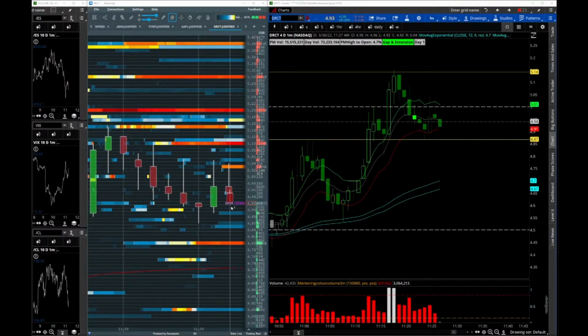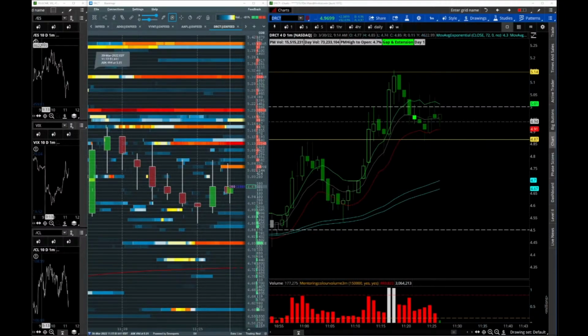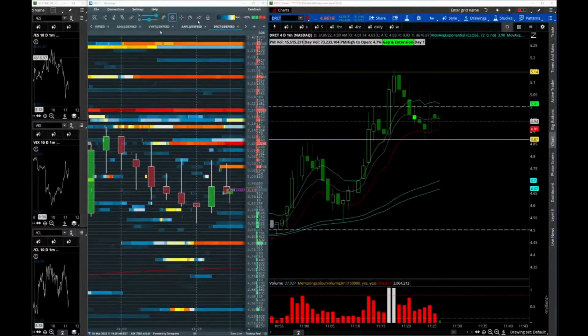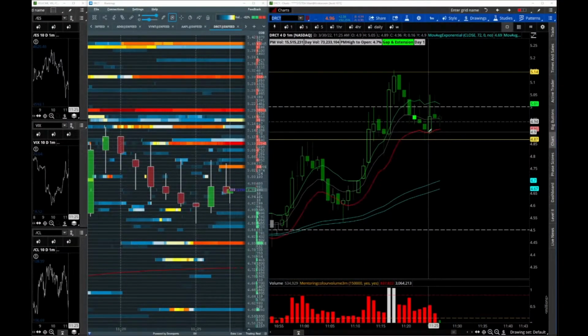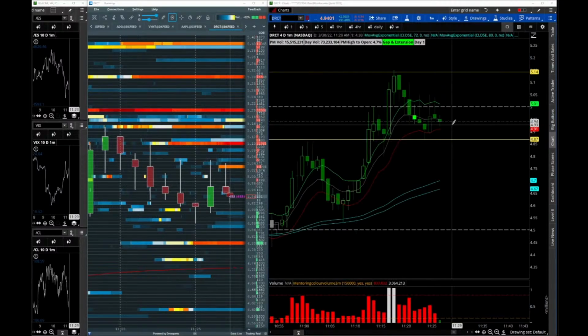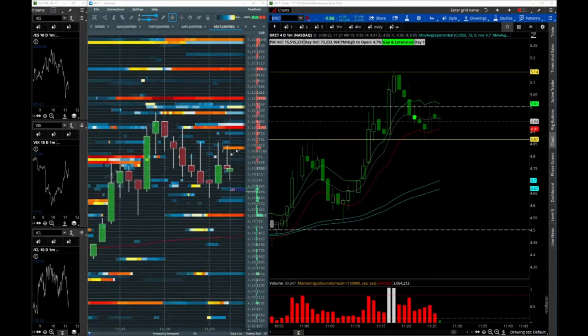So 4.90 is the maximum risk. And you can see we're consolidating over here, right? We need to see a curve with high volume because for now the ask is stacked 0, 5, 10, 15, and 20.